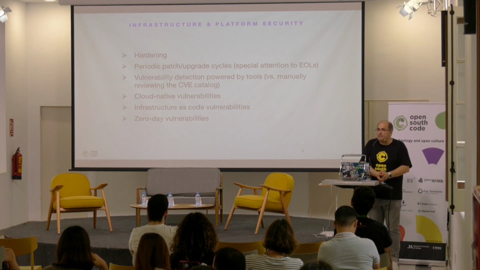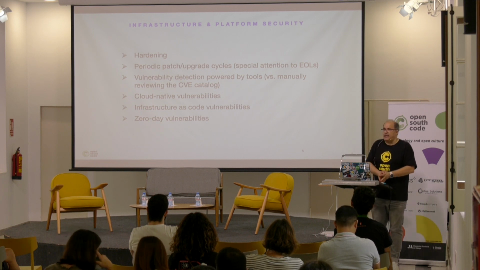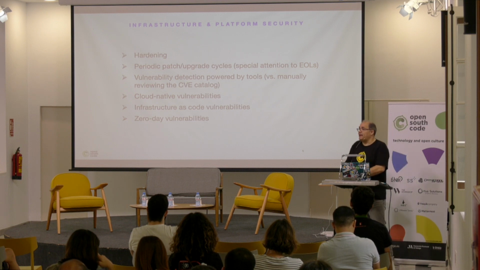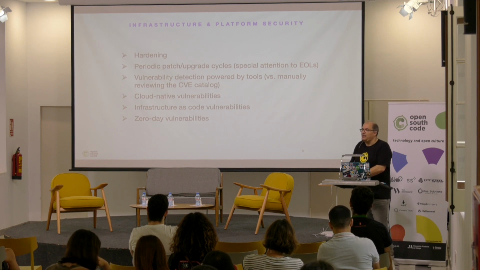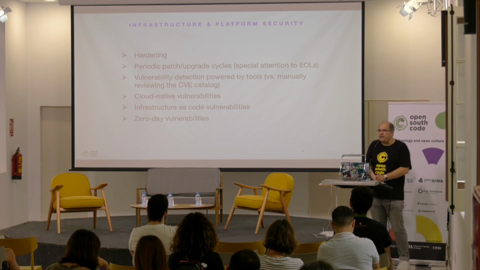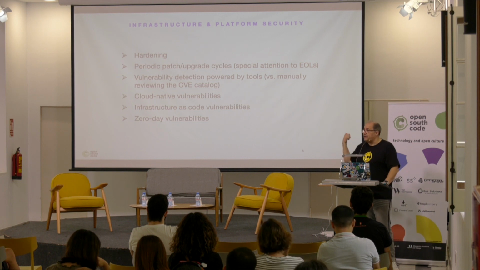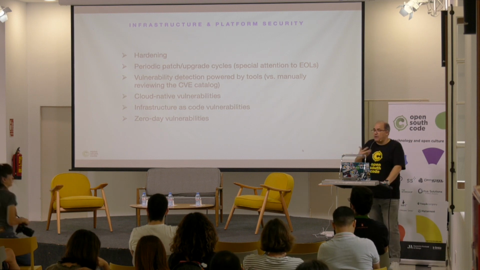Like, for example, I could be patching my JPA implementation in my project every week if needed, or even Log4j if needed, but forget that, for example, my MySQL database is vulnerable. I have not updated it in months, okay? So infrastructure and platform need to have the same level of observation and continuous monitoring that we have with code, no?